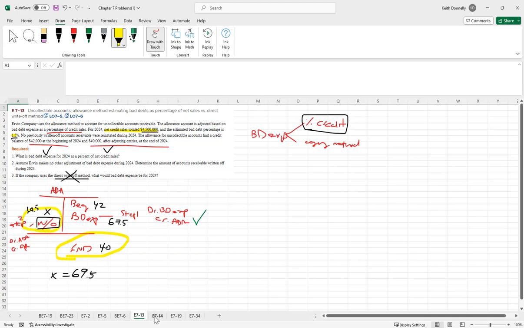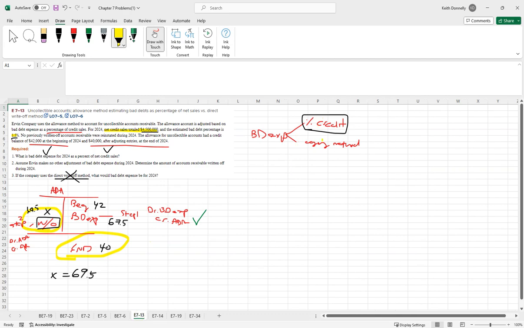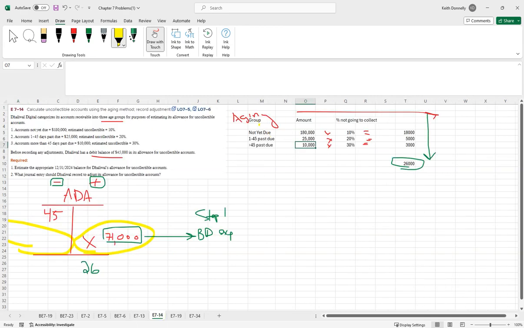When you're doing the aging method, you're solving for, I'm sorry, not the bad debt expense, the ending balance, and then the X can be either the write-offs or the bad debt expense. Either of these two routes, they give you what you're figuring out. In the percentage of credit sales, you're figuring out bad debt expense. In the aging method, you're figuring out the ending balance in the allowance for doubtful accounts.